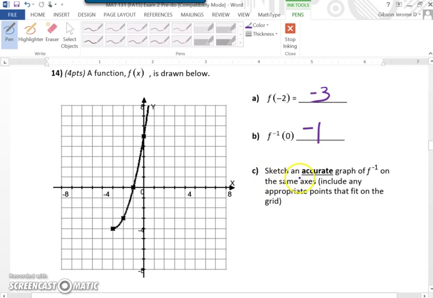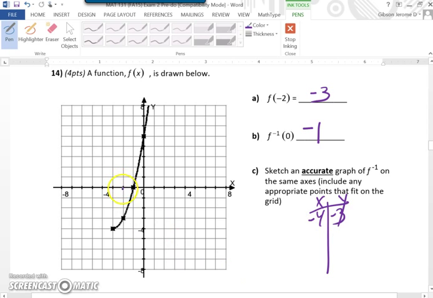Okay, now C. It says sketch an accurate graph of the inverse of f on the same axis. Okay, look. This is what you could do to make this a little easier. Just draw a chart, and then we could write this in its opposite order. Like here, we know this would be negative 3, negative 4, so we'll write negative 4, negative 3.